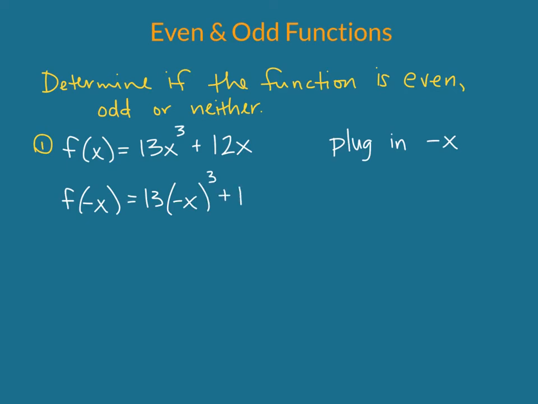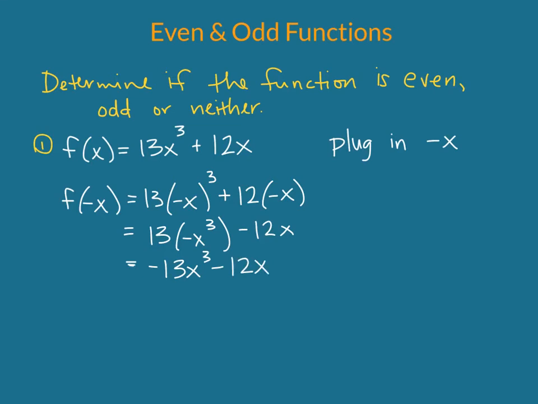So let's plug in negative x. We'll cube negative x and then we'll multiply it by 12. When you cube something that's negative, it comes out negative, so this is negative x cubed, and this would end up being minus 12x. Simplifying the first term, we'll get negative 13x cubed minus 12x.